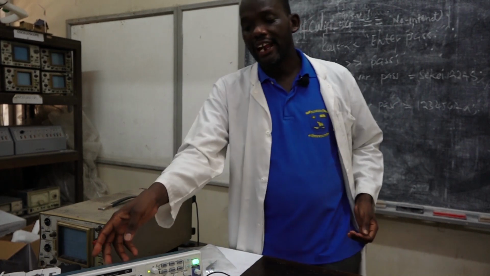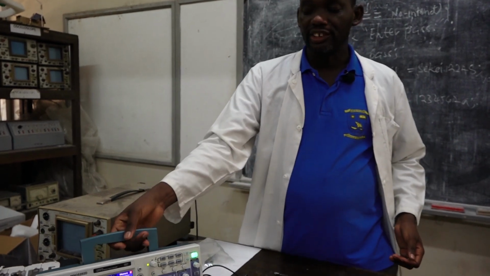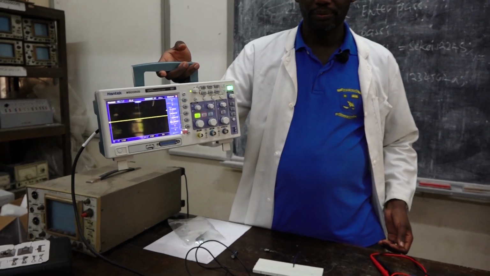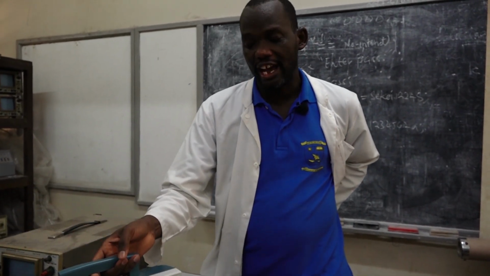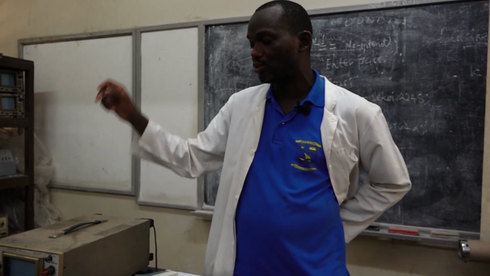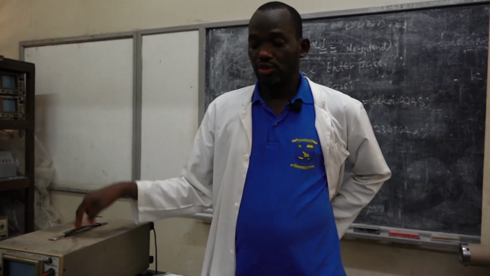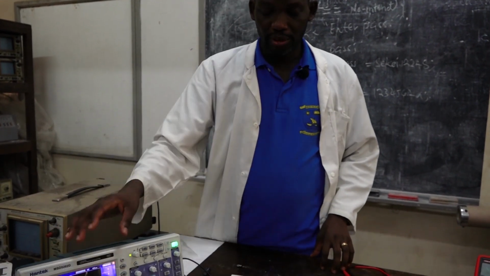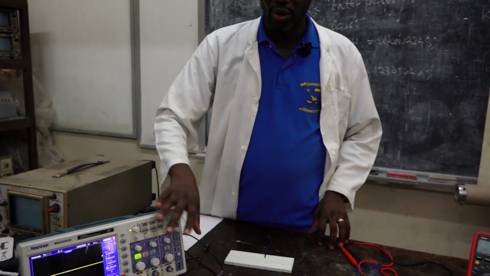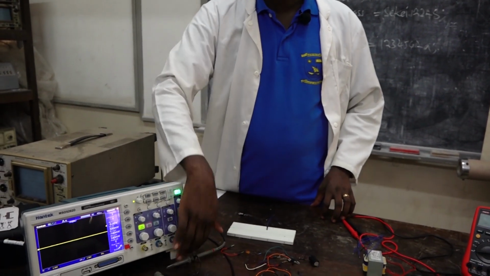But again, we have another one, which is actually modern. This is the digital oscilloscope. This digital oscilloscope is actually advanced and it has so many functionalities compared to the analog oscilloscope. So for this workshop, we are going to use this digital oscilloscope. You have to keep focus on the screen and on this menu. This is the menu section.